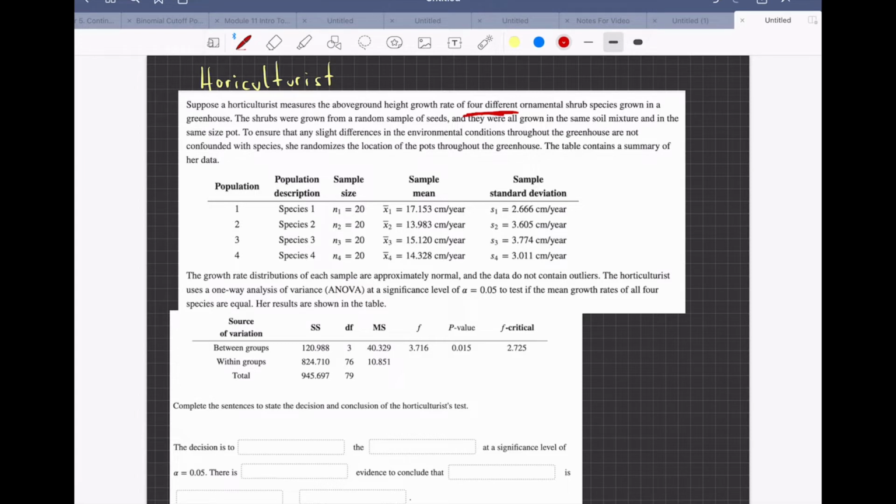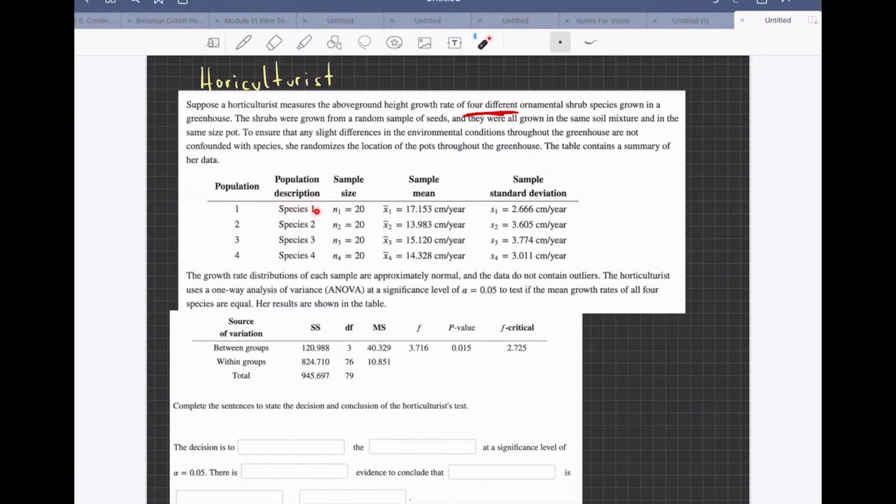So it seems we are going to have 4 populations or 4 categories. The shrubs were grown from a random sample of seeds, all in the same soil mixture and in the same size pot. To ensure that slight differences in environmental conditions throughout the greenhouse are not confounded with the species, she randomizes the location of the pots throughout the greenhouse. The table contains a summary of her data, and there you have the data that we have.